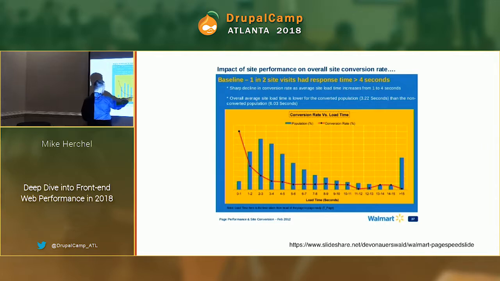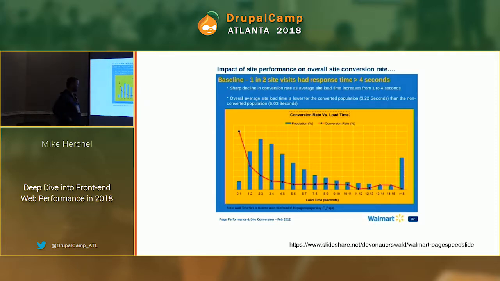The conversion rate's very high when the page load time is very low. So the conversion rate dramatically drops. You can kind of see this little hockey stick type thing going on there as the page load time goes up. When you're talking about a really big organization like that, that's millions and millions of dollars. But even for smaller organizations, you're missing out on conversions, click-throughs, and all that type of stuff.